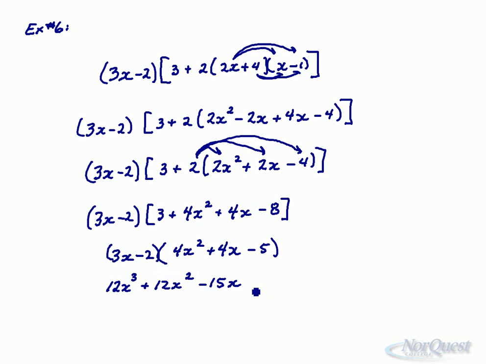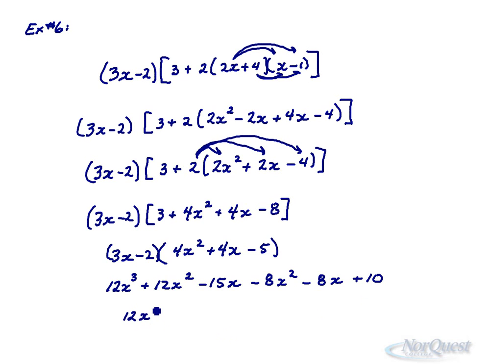Negative 2 times 4x squared gives us negative 8x squared. Negative 2 times 4x will give us negative 8x. And negative 2 times a negative 5 is plus 10. It's really easy to forget a sign or to forget a power, so you got to be real careful.